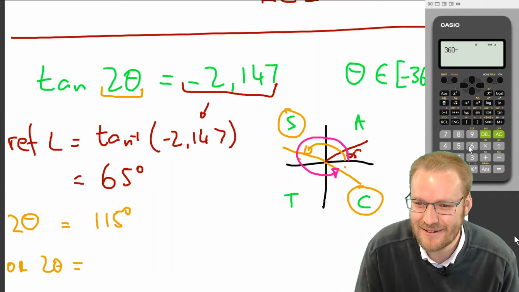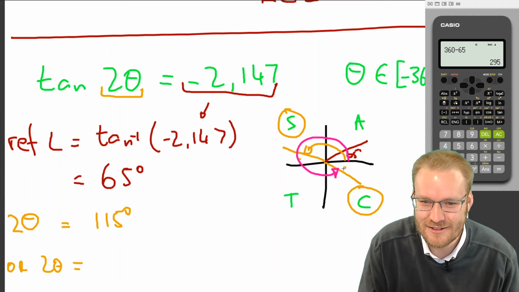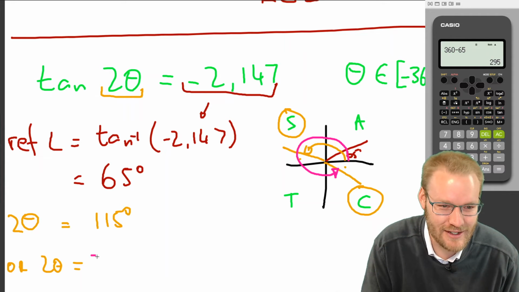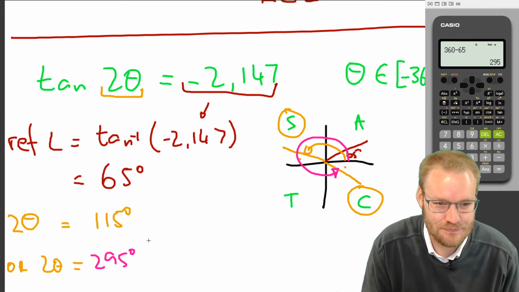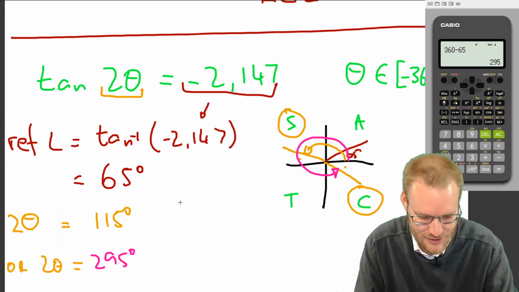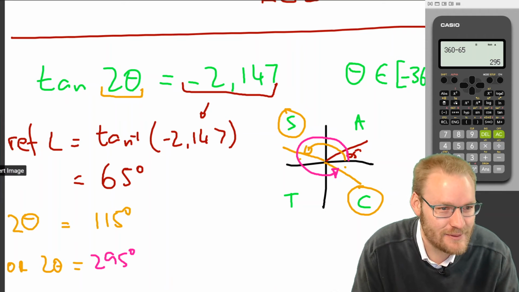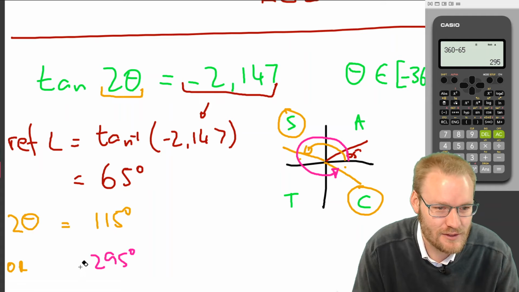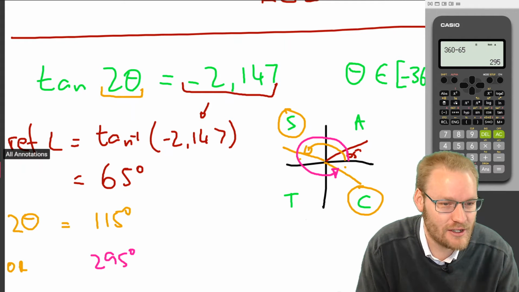Thought I'd share that. So minus 65. If that's 65, 295 is our other solution. That relates to the pink. Let's make this whole thing here 2 theta, in pink too. So we've clearly got our 2 solutions.